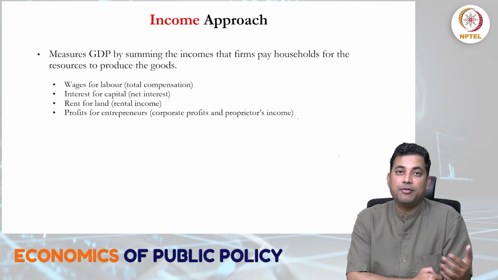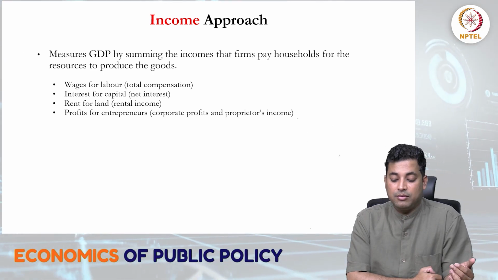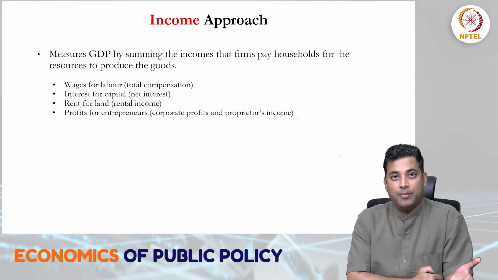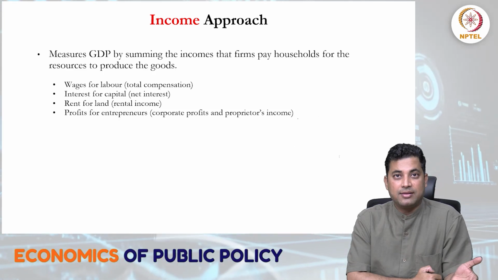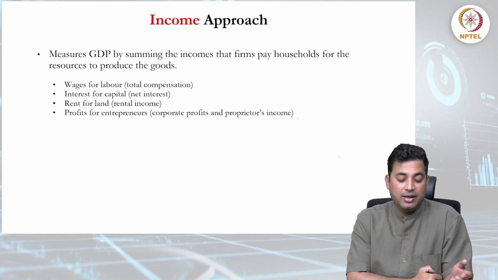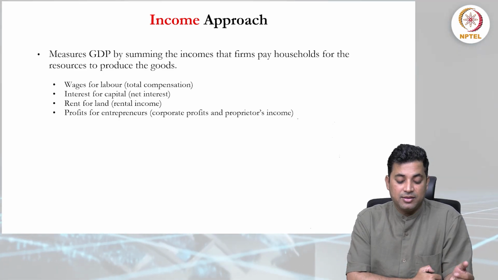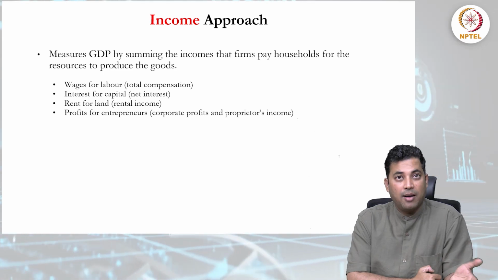So it's basically firm level data that we get, that those firms actually pay in return as factor payments. And in our last lecture we already showed the circular flow of two basic units, which are households and firms.